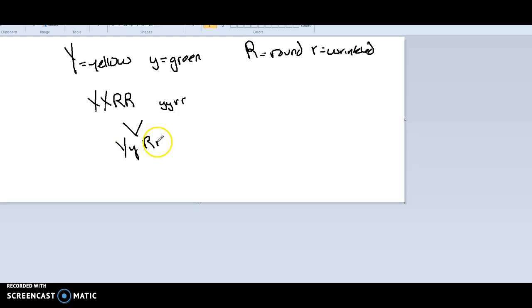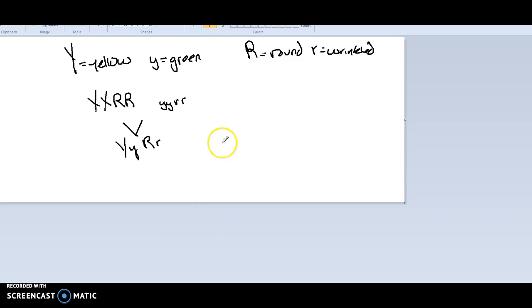Okay. You then perform an F2 cross and get the expected 9:3:3:1 ratio. Which of the following is the correct genotypic ratio for yellow round F2 individuals? Okay, so you want the genotypic ratio.